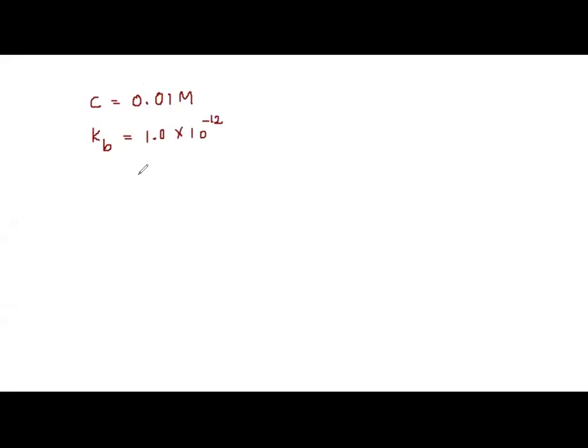Correct? BOH being a base, yes, it dissociates to give what? To give B plus plus OH minus. Correct? If you look initially, the concentration is how much? C. And here the concentrations will be 0.